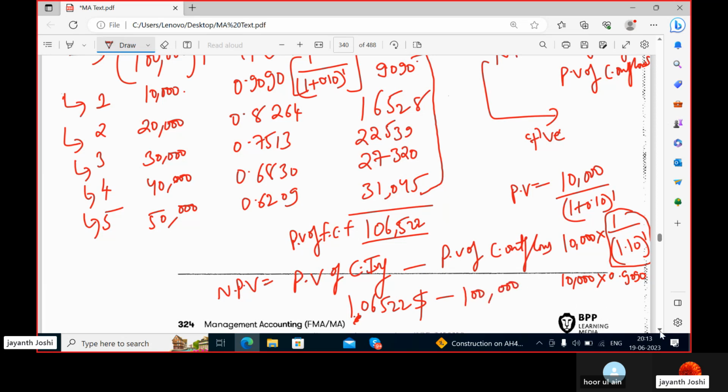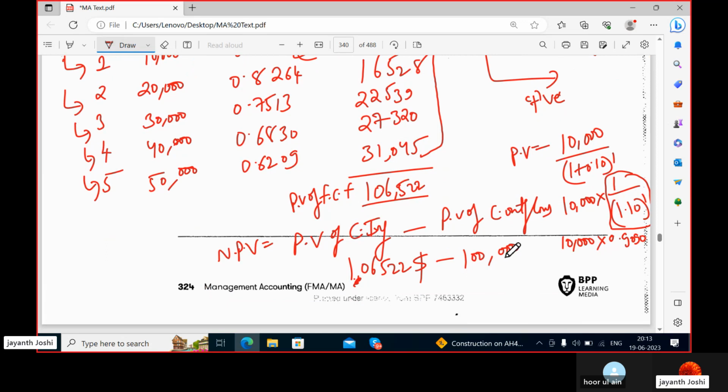And I can clearly say I have definitely recovered whatever I have invested and I have a surplus of $6,522. Anything if you subtract, you get the net value. So my net present value is $6,522. It is a positive NPV, what we are seeing here.